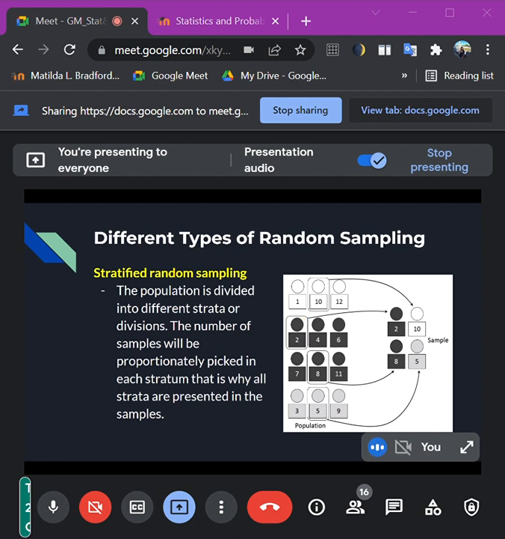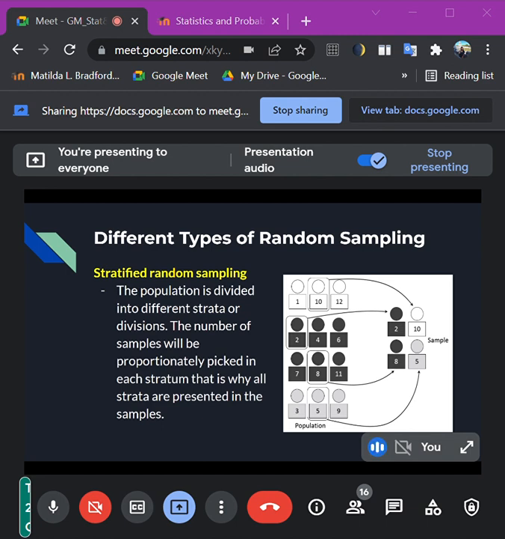For example, I will write the list of girls and boys in our class, and then I will draw names in each gender. For girls, I will get two, and for boys, I will also get two. So that is stratified.